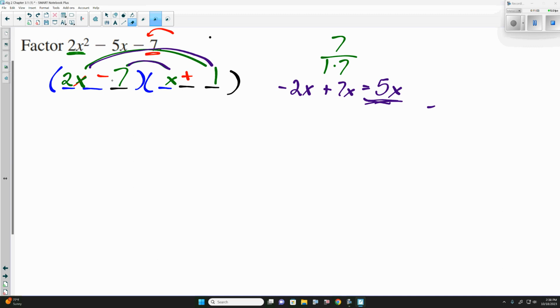If we get the correct number but wrong sign, change the sign. And we can check this here to make sure that this does indeed work. 2x times 1 is now positive 2x. Negative 7 times x is now negative 7x. And 2 minus 7 is negative 5x.